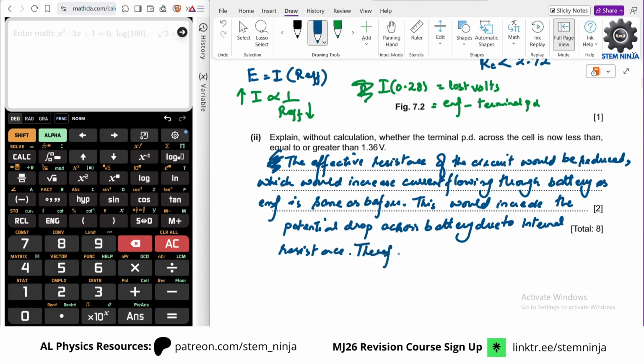Therefore, the terminal potential difference would be lower than 1.36 volts.